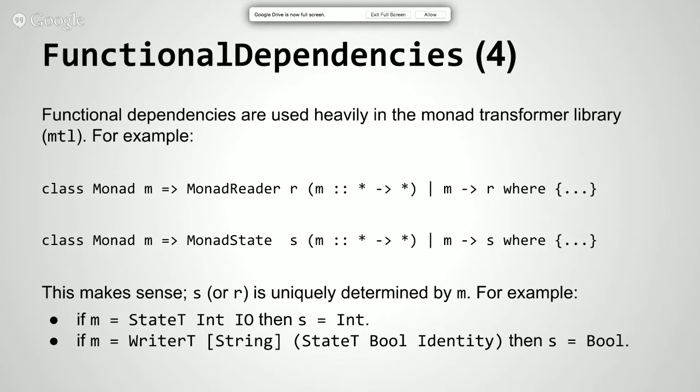The S is uniquely determined by M. And in the case on the bottom, we have a stack. We have a WriterT list of strings, StateT Bool, Identity. That's a monad transformer stack. But the state transformer that we're using is using a Bool for its state. So from that M, from the monad that we're saying is a MonadState with some state S, we know what that state is.